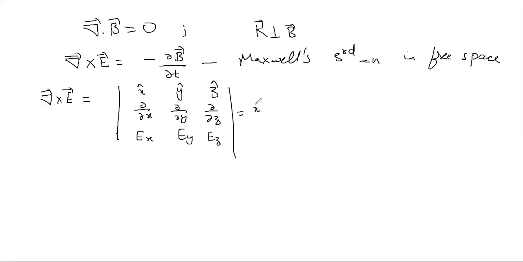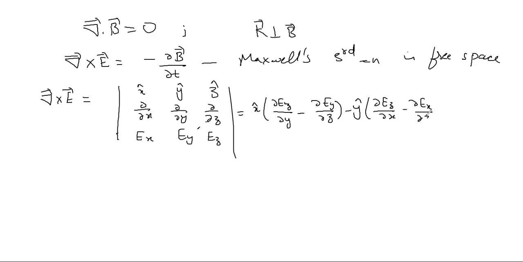From here I can say that this would be equal to x unit vector times curly Ez by curly y minus curly Ey by curly z, minus y unit vector times curly Ez by curly x minus curly Ex over curly z, plus z unit vector times curly Ey by curly x minus curly Ex over curly y. This is from the simple vector product.